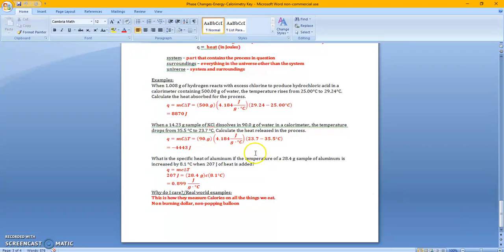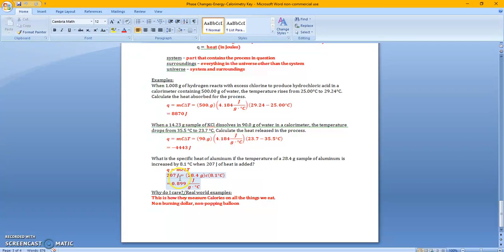All right, final example. What is the specific heat of aluminum? And they give us our information. Well, specific heat I know is dealing with heat. They give me my mass, my change in temperature, and my heat, which is Q equals mc delta T. So I can use that equation again. Now, since I only want specific heat, I need to get specific heat all by itself. So Q is joules. Q is always joules. Heat is joules.